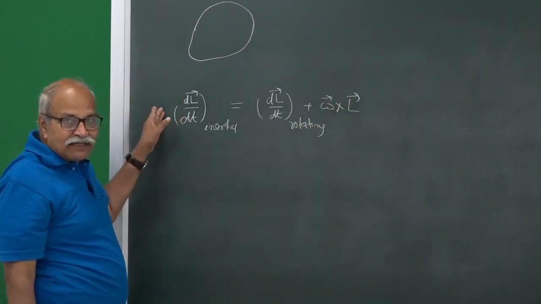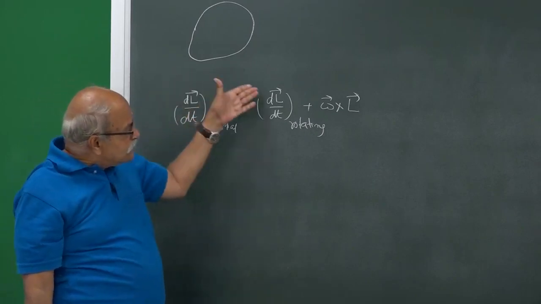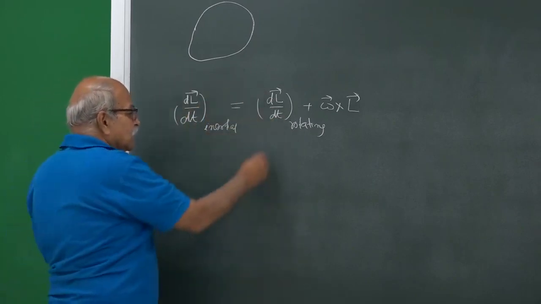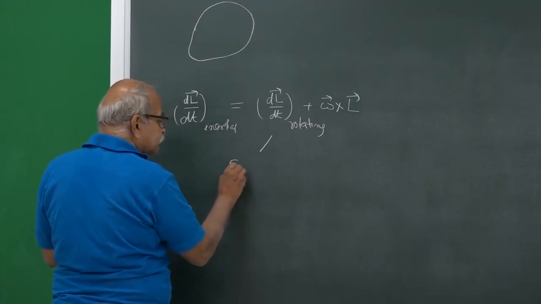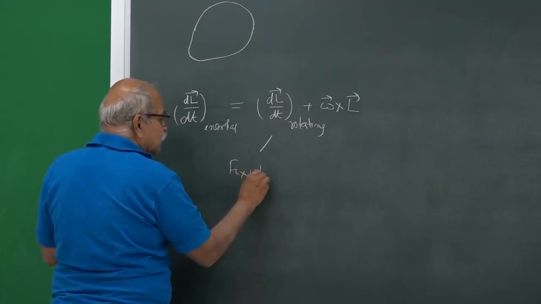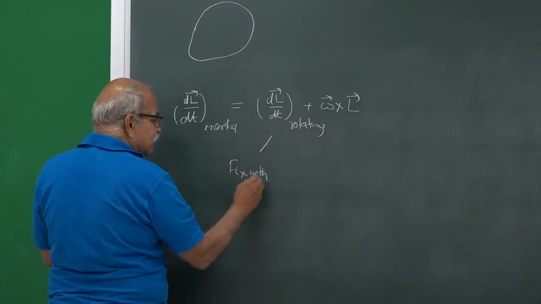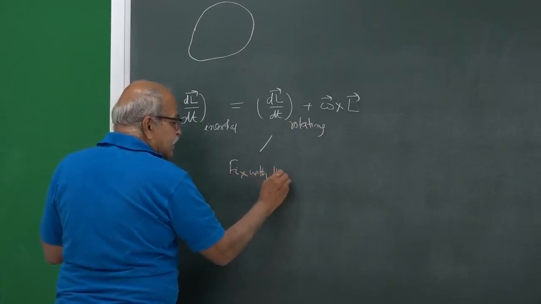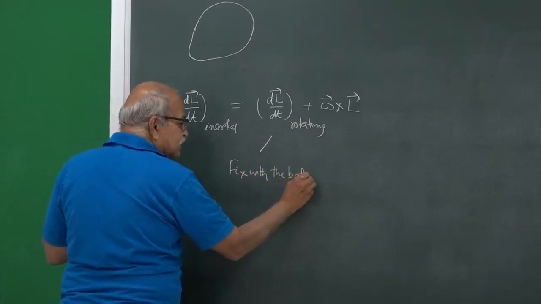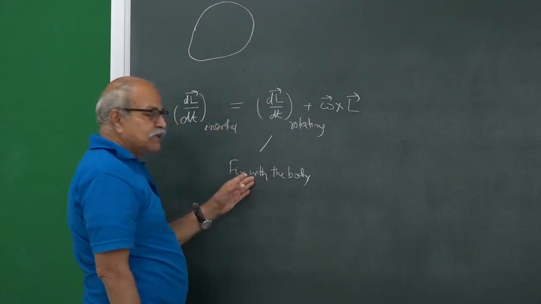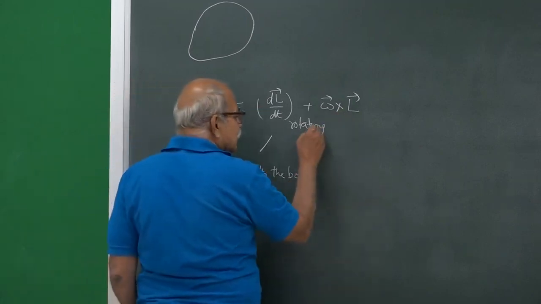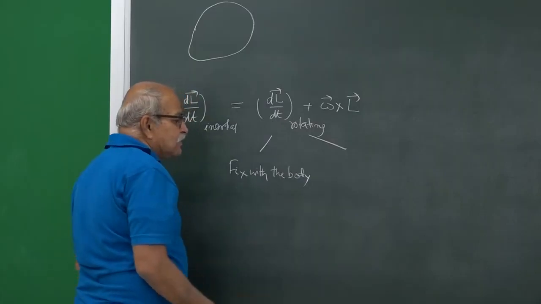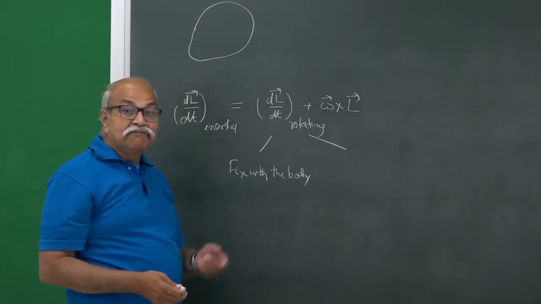This equation works. And then this rotating system can also be of two types: the frame is rotating, and this frame is fixed in the body. This is one possible choice. Another possible choice is, yes, it is a rotating frame, but the axes are not fixed in the body.